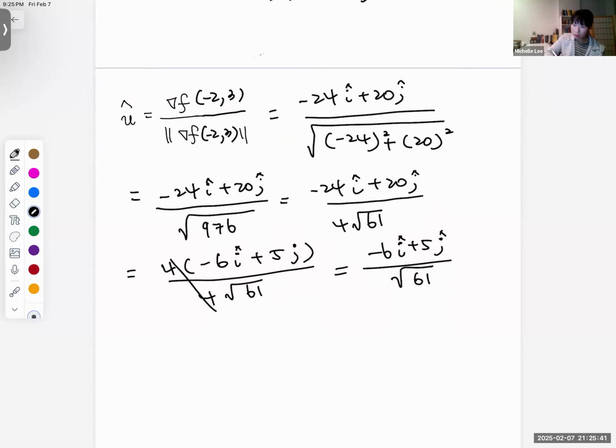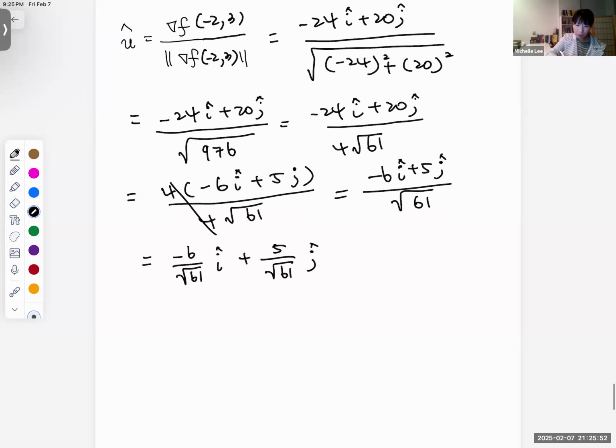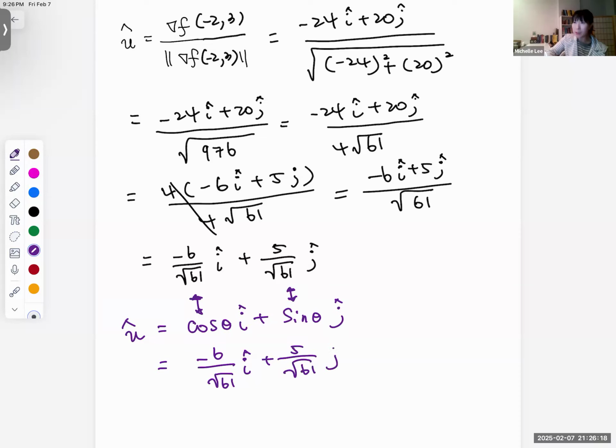So let's make it this way: negative 6 over square root of 61 i hat plus 5 over square root of 61 j hat.